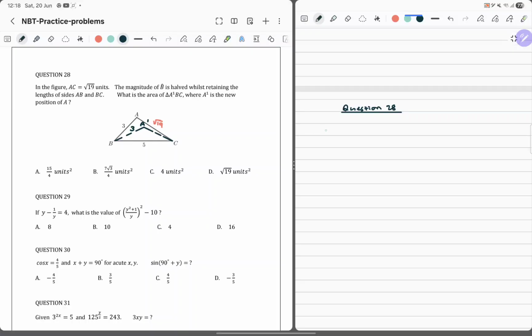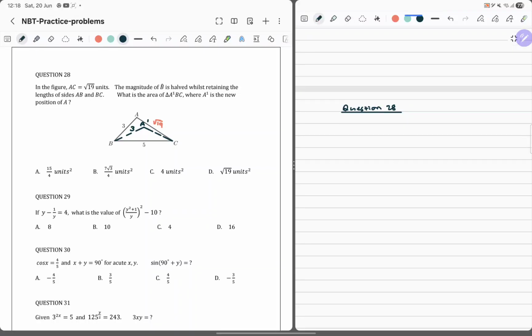We know that cos B in general is going to be 3 squared, which is 9, plus 5 squared, which is 25, minus 2 into 3 into 9. Wait. This is going to be minus root 19 squared, divided by, okay, maybe I'm too quick.